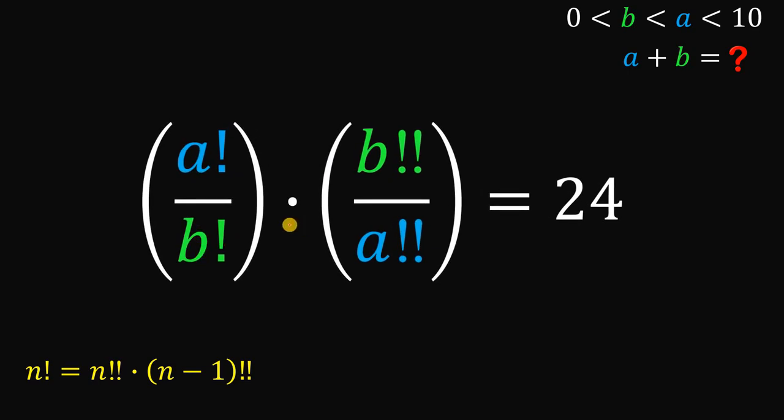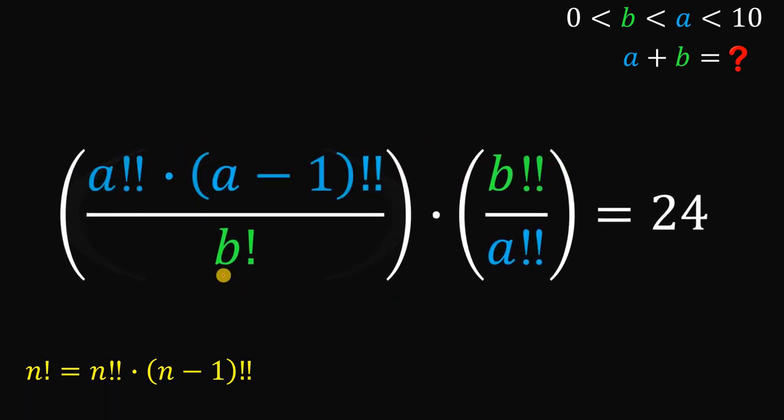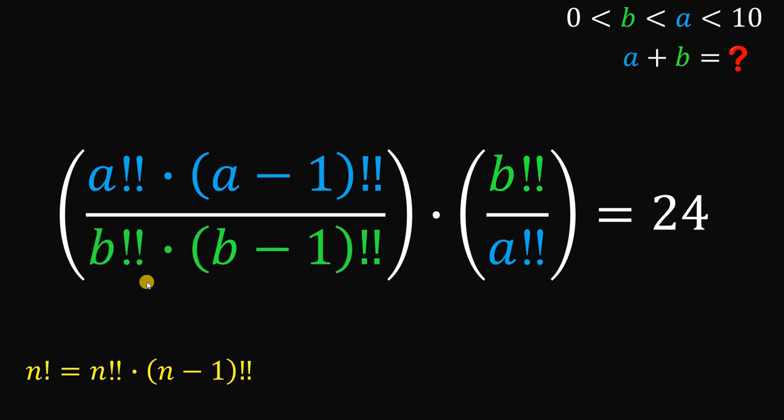We have a factorial over b factorial multiplied by b double factorial all over a double factorial. Now, let's use this identity. So, a factorial can be written as a double factorial multiplied by a minus 1 double factorial. Also, b factorial can be written as b double factorial multiplied by b minus 1 double factorial.